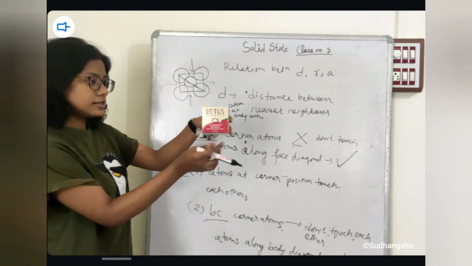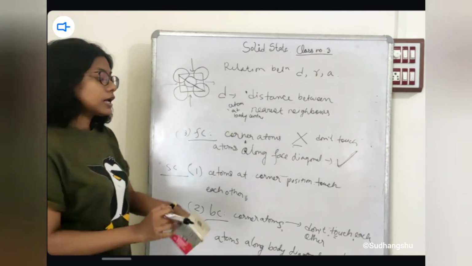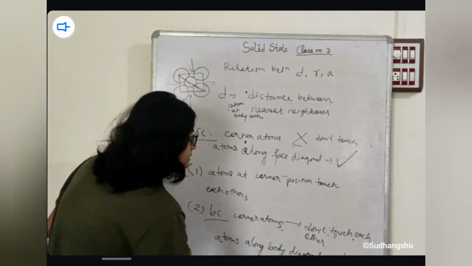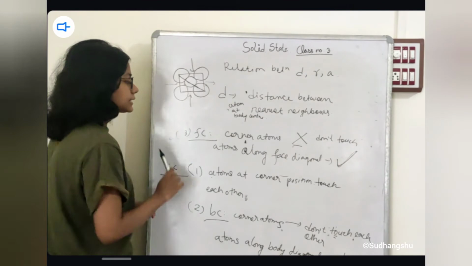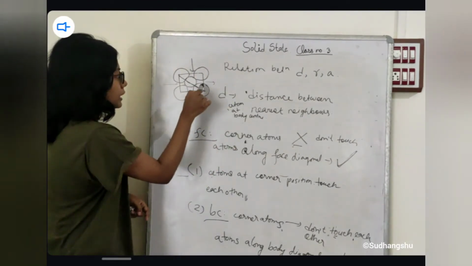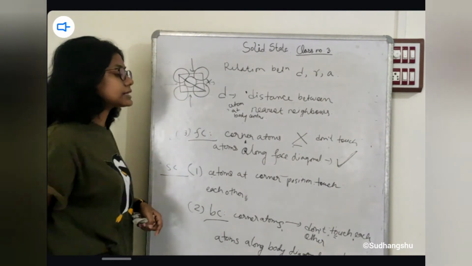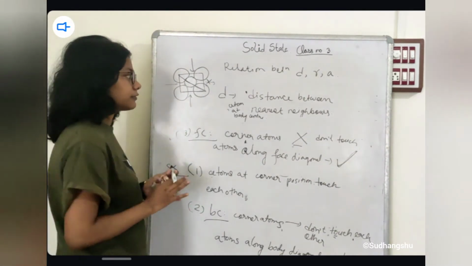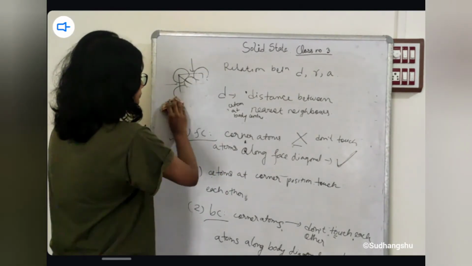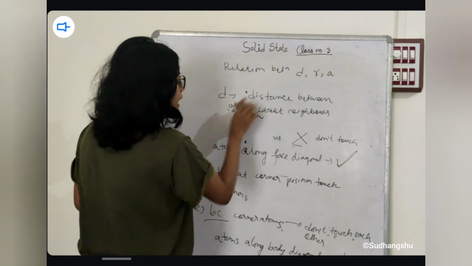For face center, the corner atoms do not touch each other, but atoms along the face diagonal touch each other. These three things are very important in calculating the relation between D, R and A.